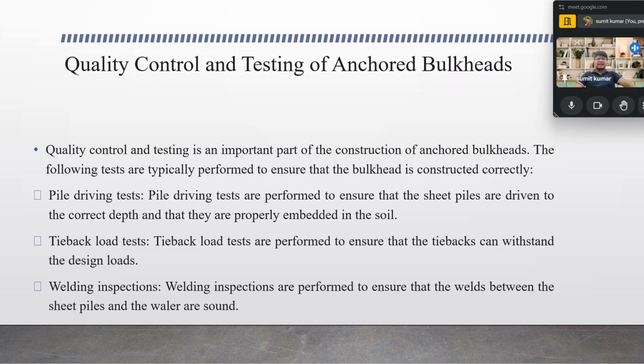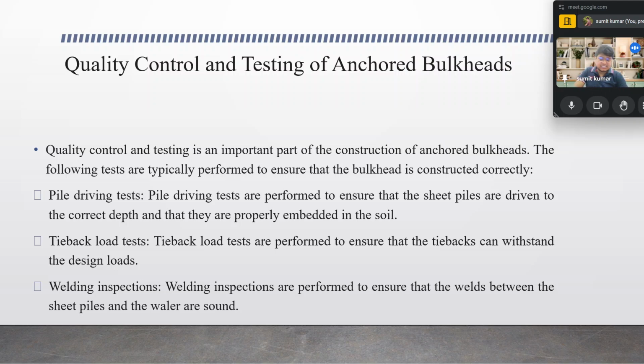The first is the pile driving test, performed to ensure that the sheet piles are driven to the correct depth and properly embedded in the soil. The second one is the tieback load test, performed to ensure that the tieback can withstand the design loads. Going forward, we see welding inspections, performed to ensure that the welds between the sheet piles and the waler are sound.